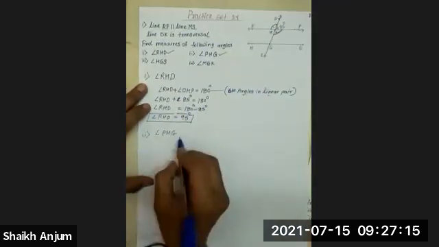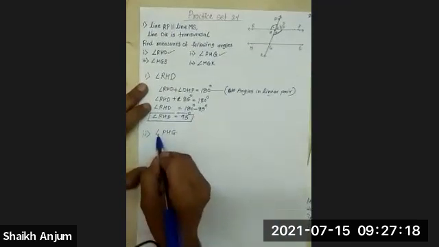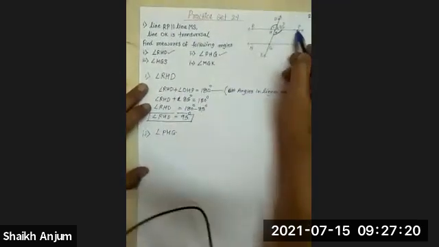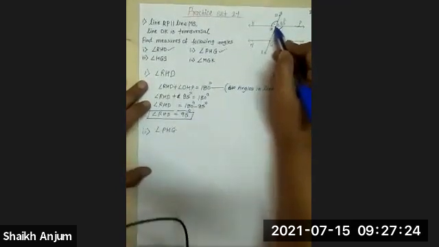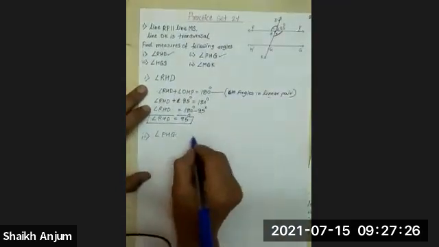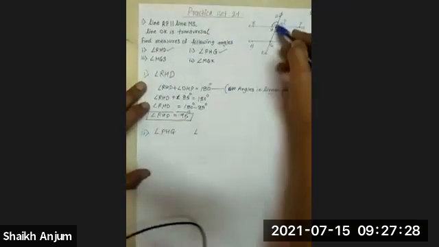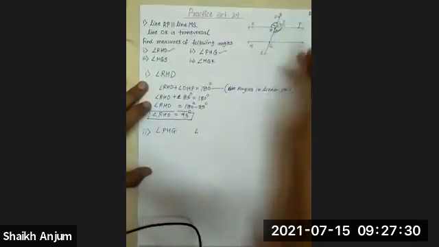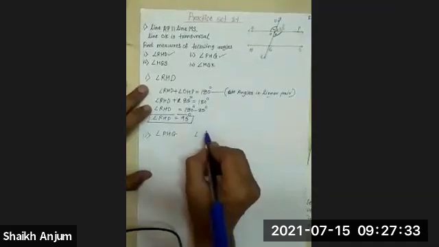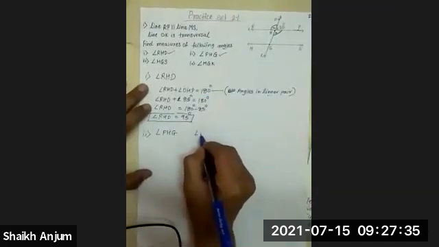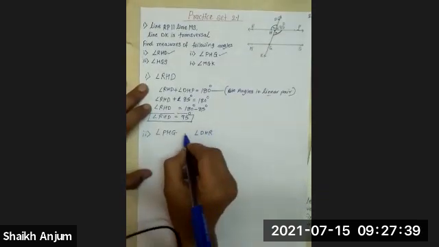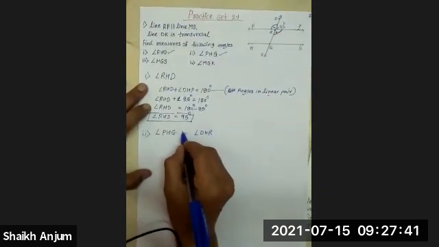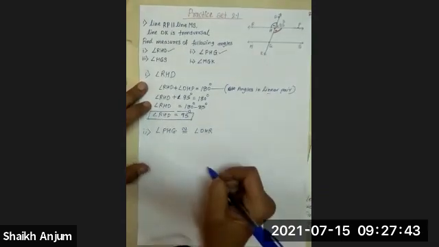If I use another property, angle PHG is in a vertical pair with angle DHR, and vertically opposite angles are congruent to each other.